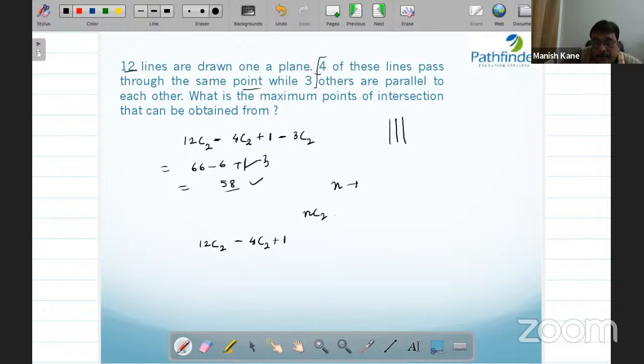But one was made because they are coincident, passing through the same point. And 3 others are parallel, so there are no points of intersection from these 3 lines. So your answer will be 12C2 minus 4C2 minus 3C2 plus 1. If you calculate this, you will get 58 as the answer.